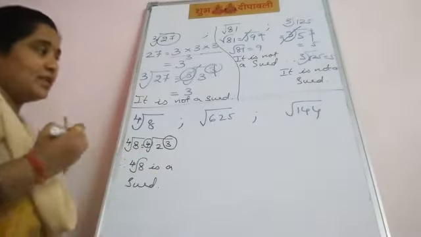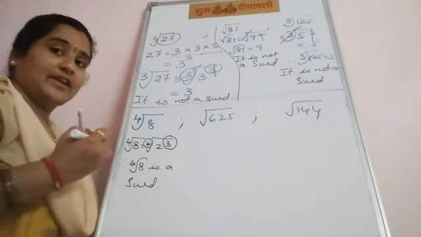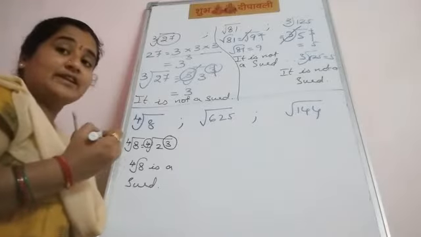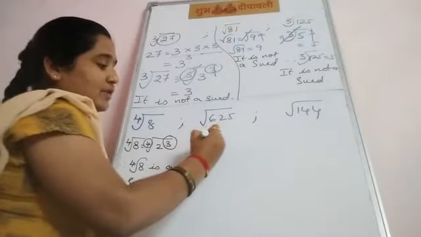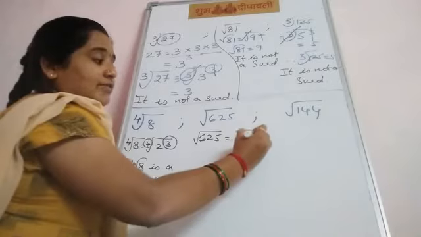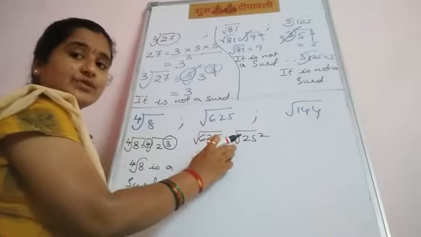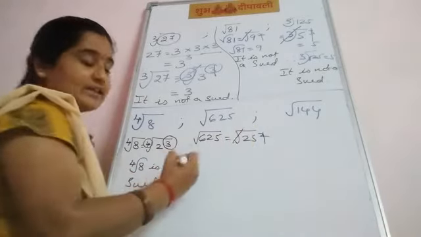Okay? Now coming to the next question. Square root of 625. How can we write 625? 25 square. 25 times 25 is 625. Square root of 625 equals square root of 25 square. Here the order of the root is 2 and the power is 2. The 2s get cancelled.